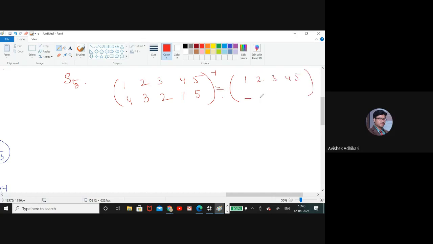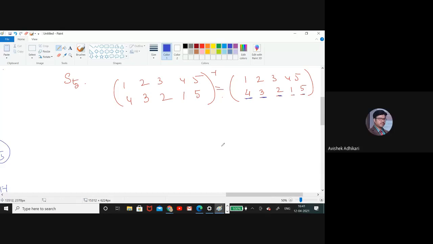Tell me this blank value. 4, 3, 2, 1, 5. So you're saying this one is self-inverse. Okay, anybody else? Is it correct? Yes, sir.